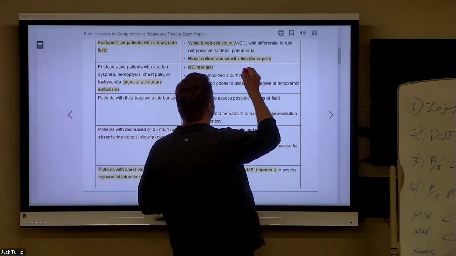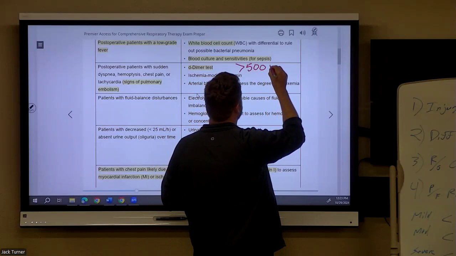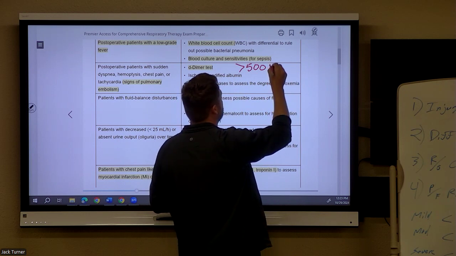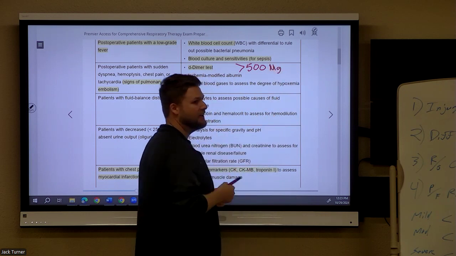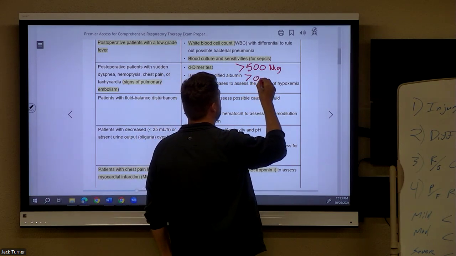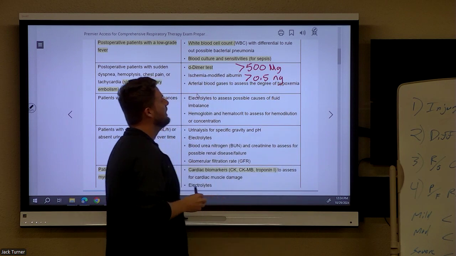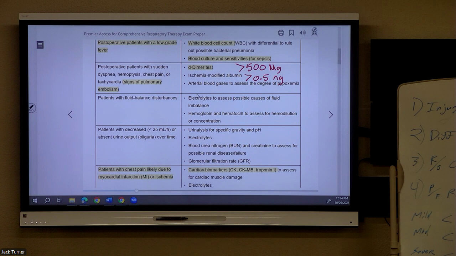So a clot would be over 500 nanograms, or over 0.5 micrograms, which is this weird looking U thing. Okay, that's not an M, sorry, it's like a U with a little line in the front of it. So don't let it throw you off.